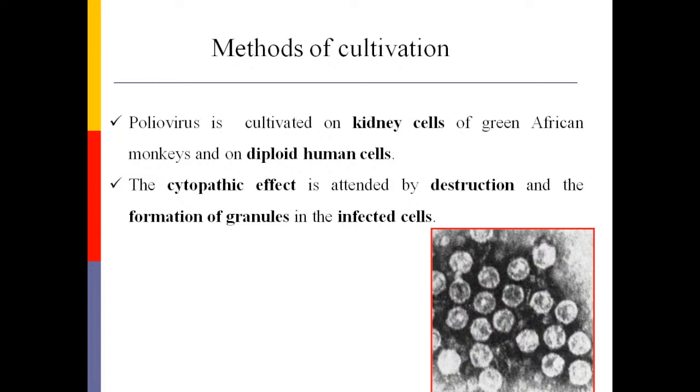Cytopathic effect is attended by destruction and the formation of granules in the infected cells. So we can compare non-infected kidney cells of African green monkeys or diploid human cells and infected. And we can understand that poliovirus is present in the specimen if we can see destruction of these cells and formation of granules in these cells.